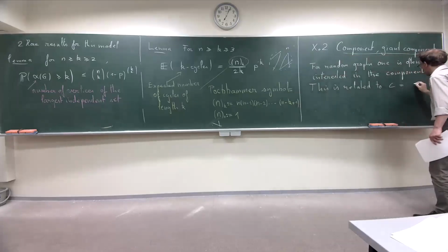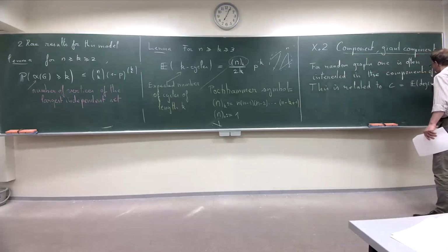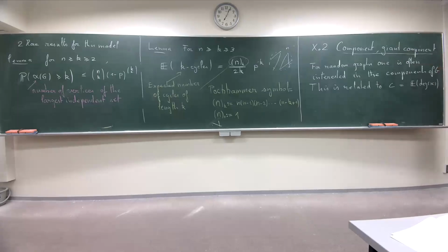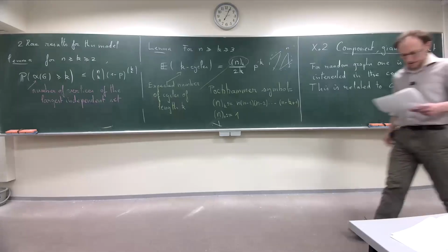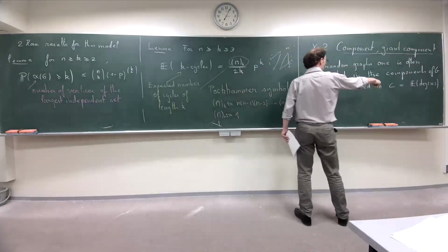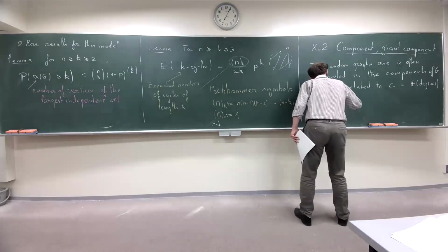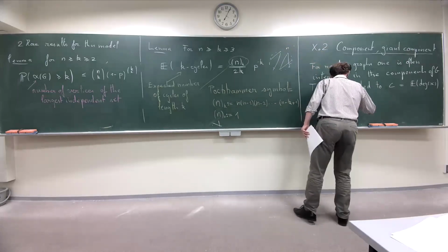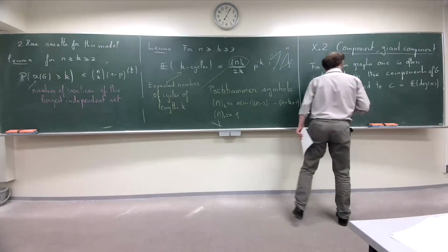And remember, c is the average degree. It's connected to p, so it's related to c or to p, depending on whether you start with c or with p.